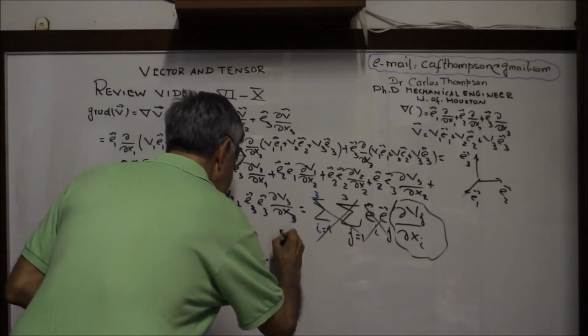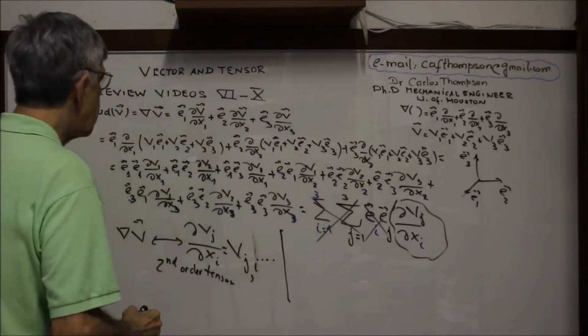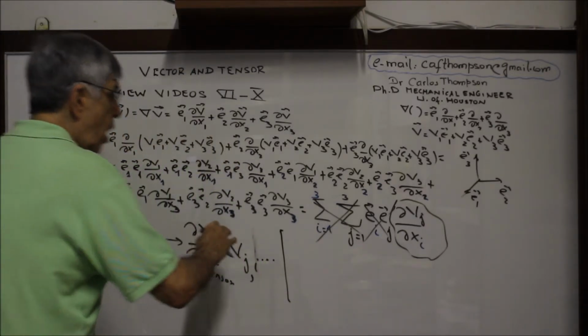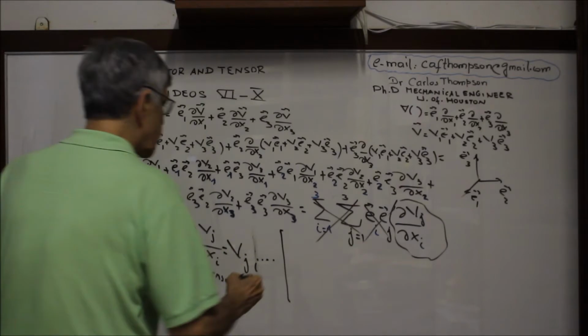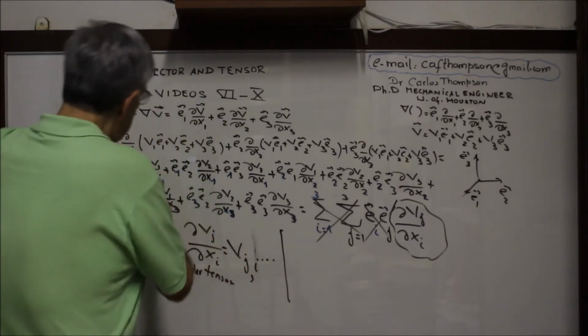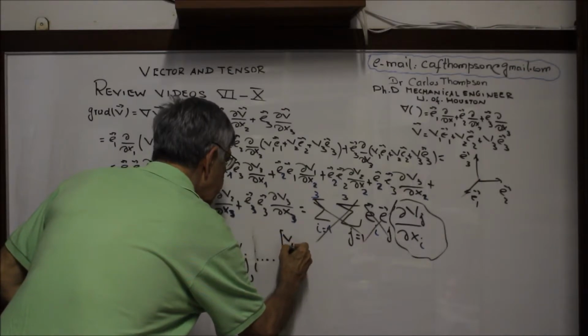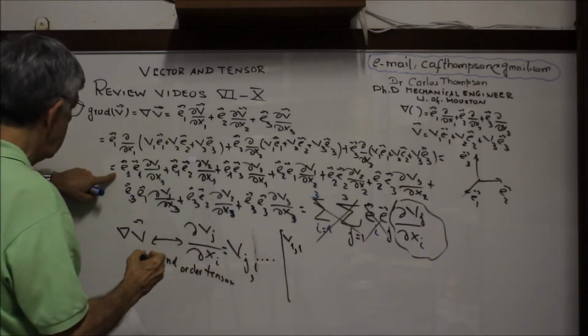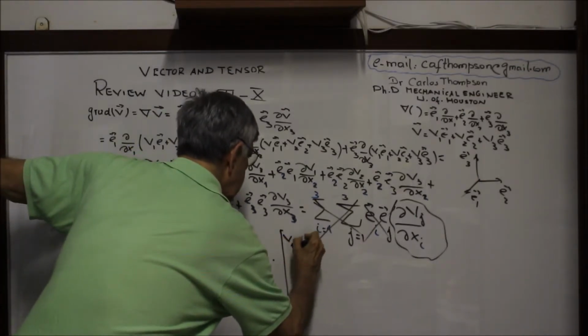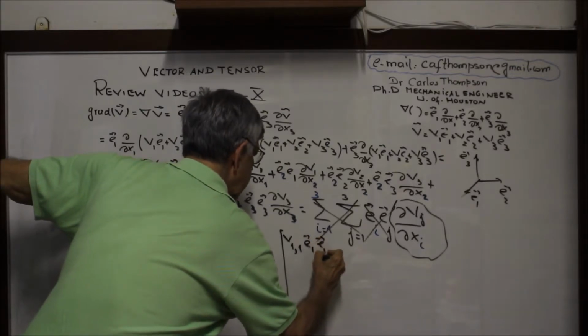You see, look. I write down with the unit vectors. So this will be, you see here, partial V1, I just put comma, V1, comma 1, E1, E1.